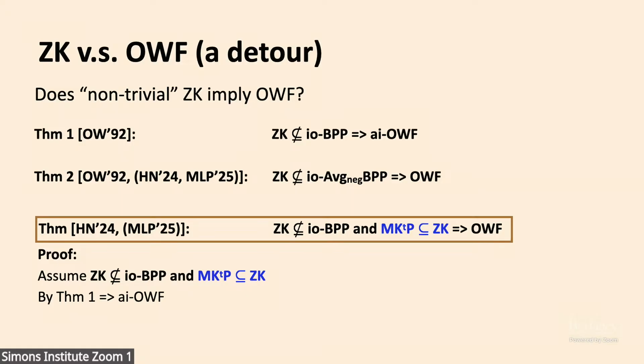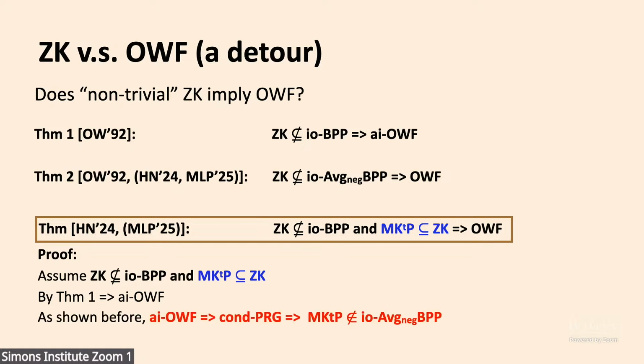We would love to use this. If we can use this, we're done. Can we use this somehow? What have we learned today about auxiliary input one-way functions? Conditional PRGs, right? Auxiliary input one-way functions imply conditional PRGs. And what do conditional PRGs do? Average case hardness of MKTP. Great. So auxiliary input one-way functions give conditional PRGs.